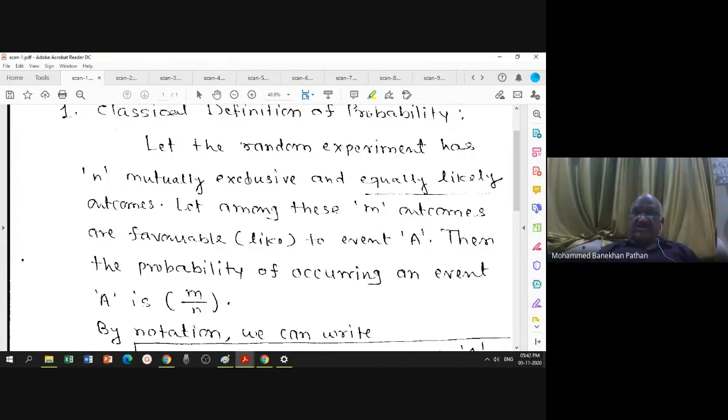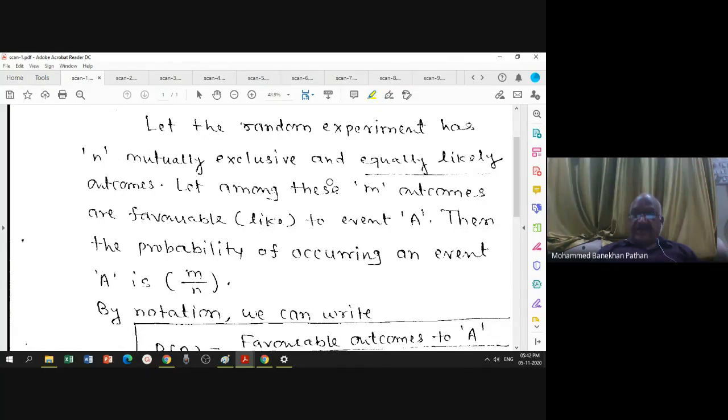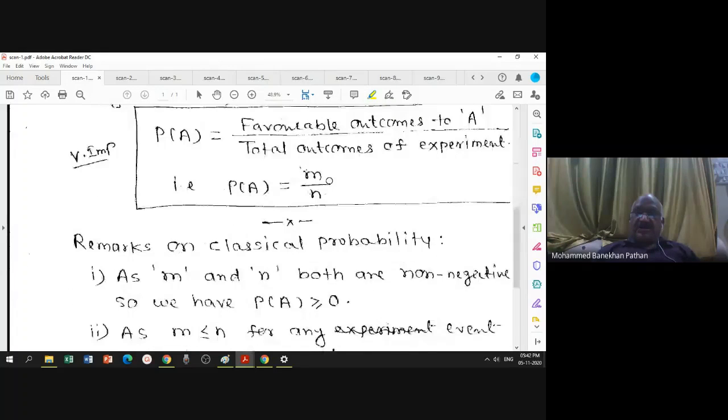If these two conditions satisfied, they can apply classical approach. Otherwise, we can't. Let us put certain remark on this definition and then we'll go ahead.